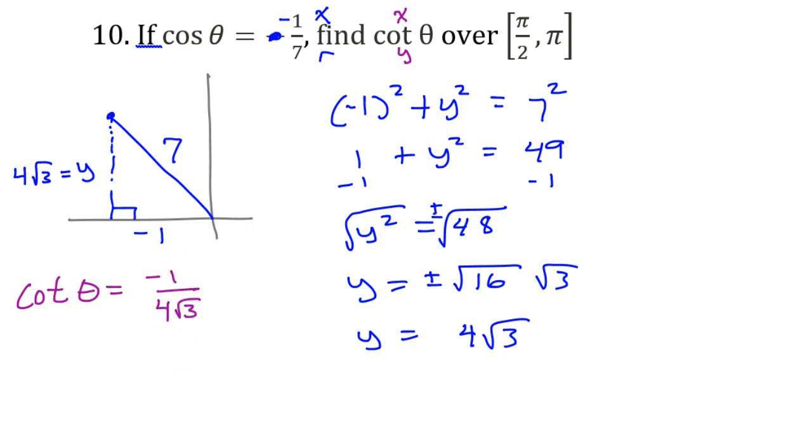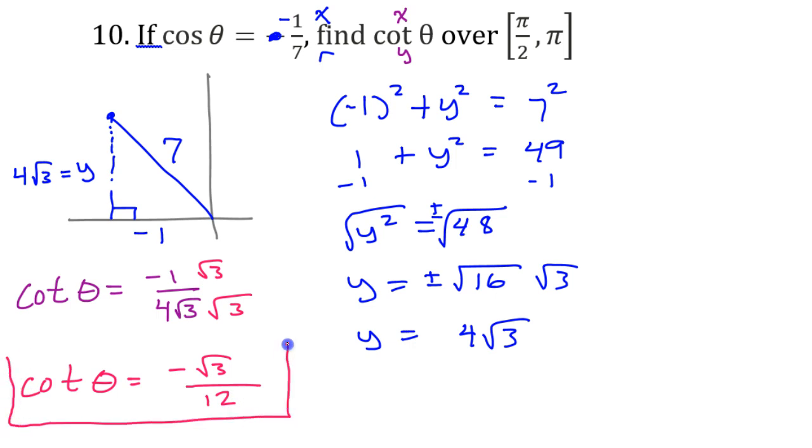All right, and we should rationalize the denominator by multiplying each of these by radical 3. So that will give me a cotangent, which is equal to negative radical 3 over radical 3 times radical 3 is 3. 3 times 4 is 12. So this would be the answer to number 10.